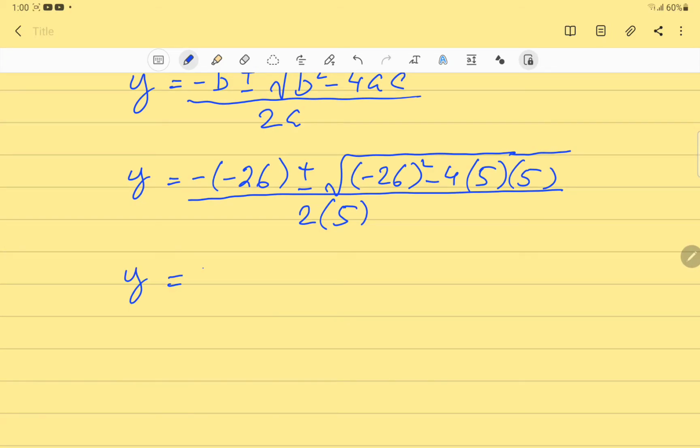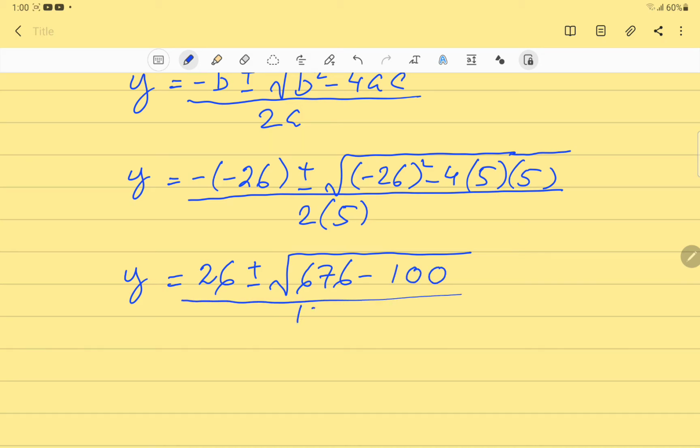Let us solve this equation now. Minus into minus 26 is positive 26. Square of 26 is 676. Even minus 26 square will also be 676. Minus 4 multiplied by 5, which is 20, and then 20 into 5 is 100. 2 into 5 is 10.